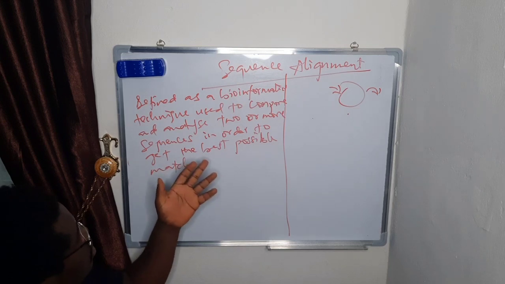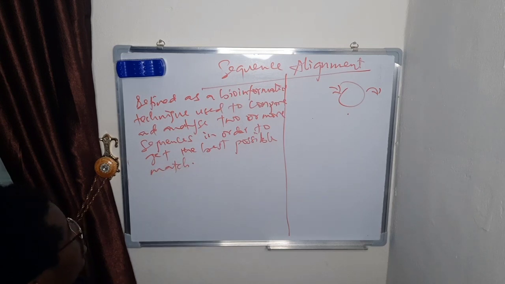The technique used to compare and analyze two or more sequences in order to get the best possible match. So that is sequence alignment.